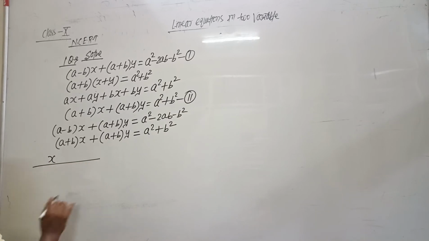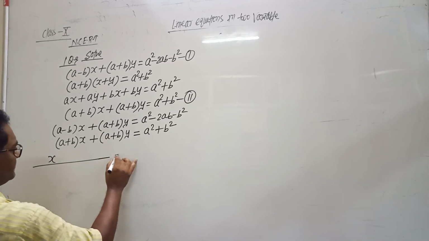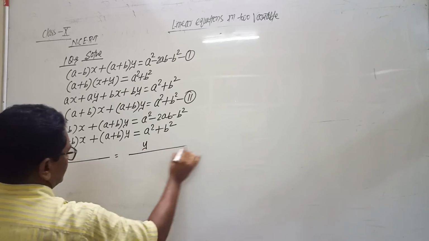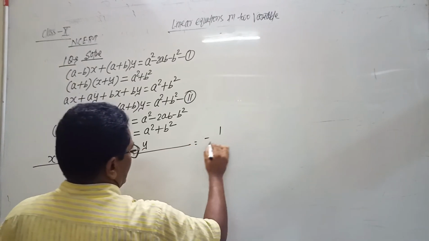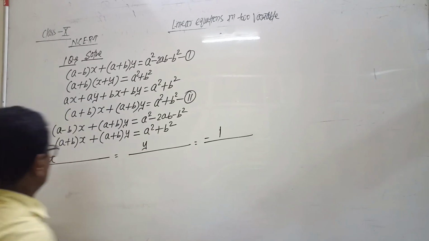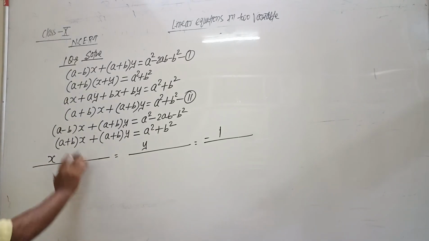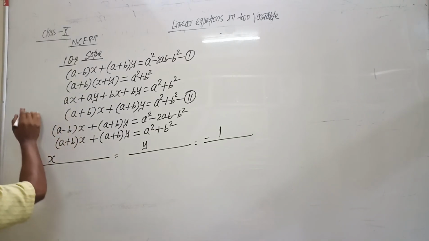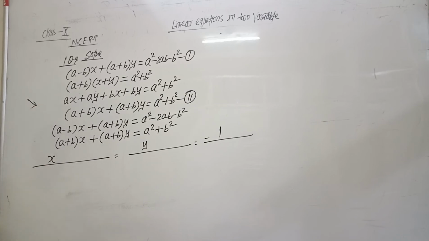So we write x, y and minus 1. So when we take x, we have to close this, and the direction of multiplication is from top to bottom.